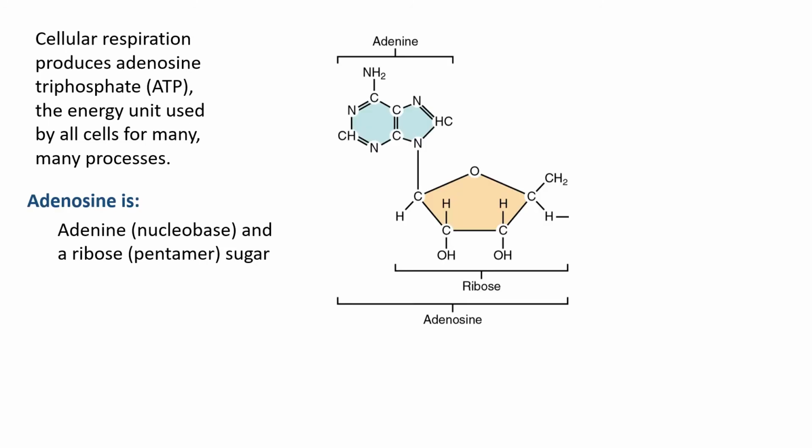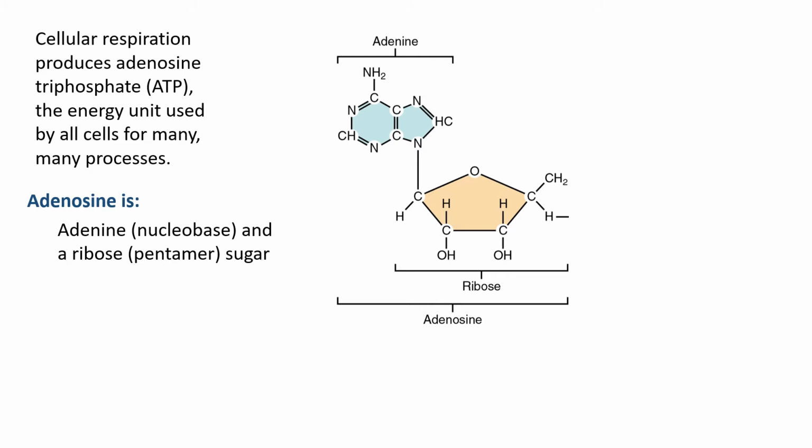So the adenosine part, there you see the blue shapes there, is adenine. Adenine is a nucleobase, if you remember. Adenine pairs to thymine or uracil.